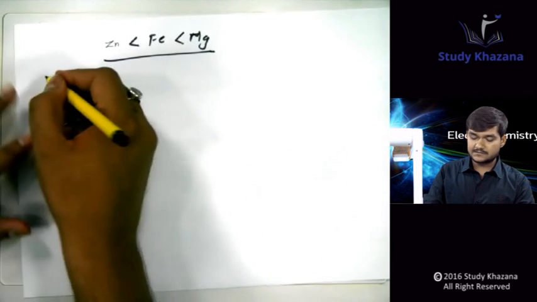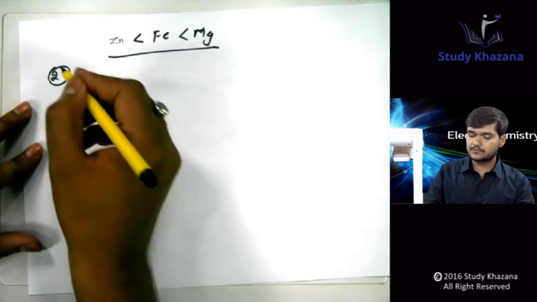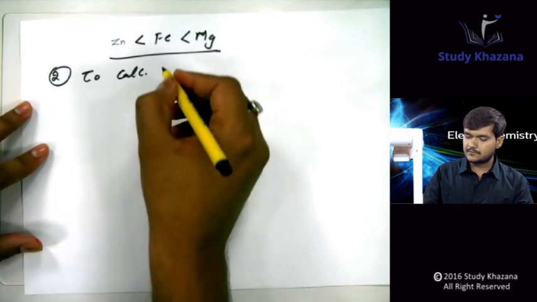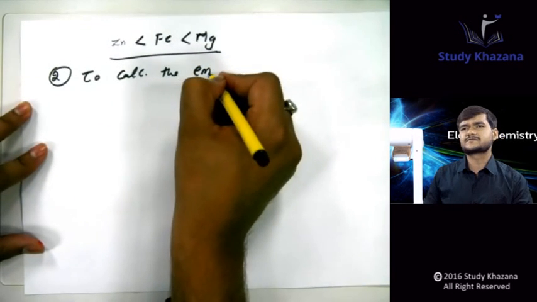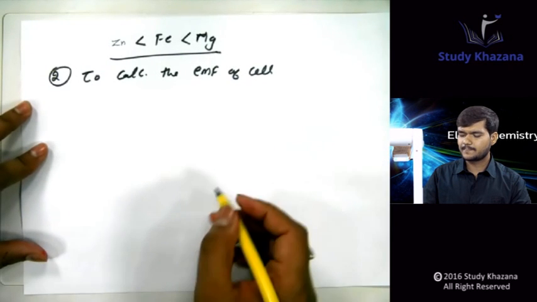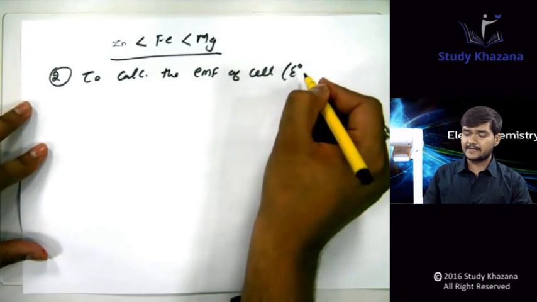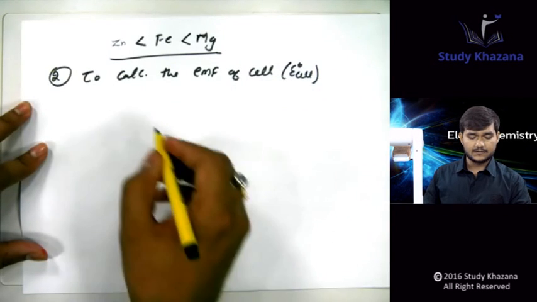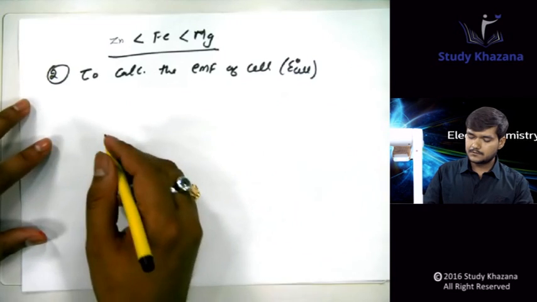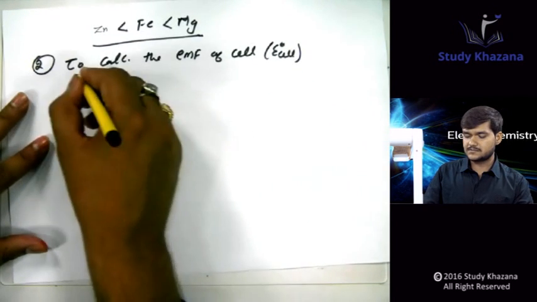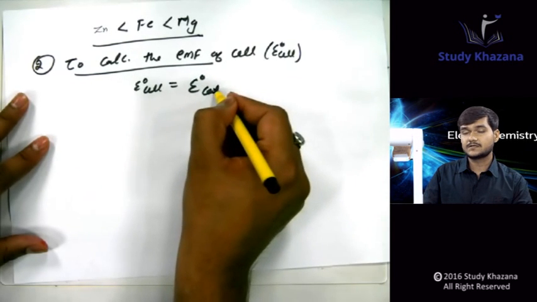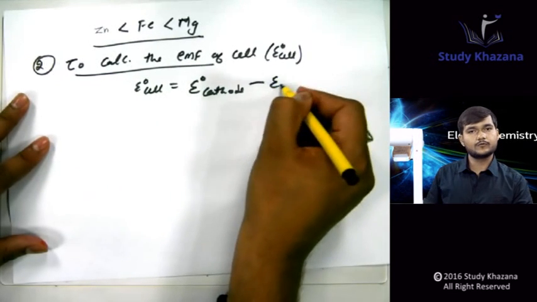Now we move on to the second application. The second application is to calculate the EMF of a cell. Now what is EMF? EMF is the electromotive force. It is nothing but E naught cell only. How can we calculate E naught cell? I have discussed this with you already. E naught cell is equal to E naught cathode minus E naught anode.